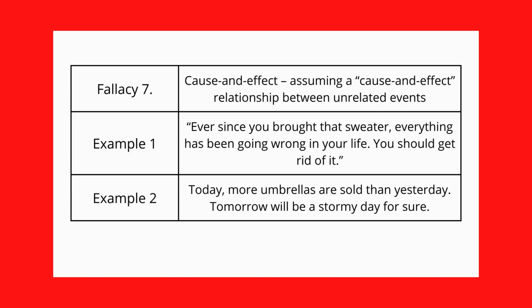Tomorrow will be a stormy day for sure. In the two arguments, it is noticeable that the first event cannot be a cause of the next event since they do not relate to each other. Nevertheless, the speaker still tries to convince others by seemingly expressing truth in his or her argument. That is cause and effect.